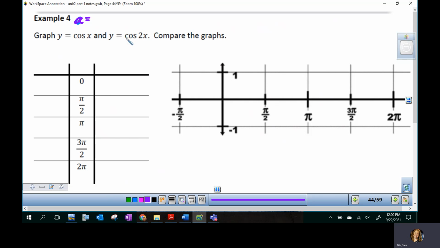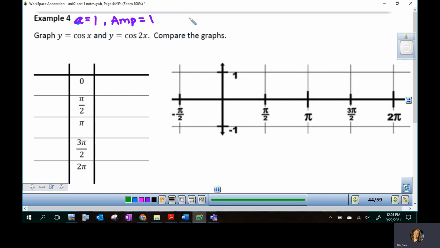There is nothing in front of the sine or cosine here. That does not mean it's 0. If it was 0, 0 times anything would be 0. This wouldn't exist. It's an understood 1. So A is 1, which means the amplitude of the graph will be 1, because the amplitude is the absolute value of A. That's what we talked about yesterday.